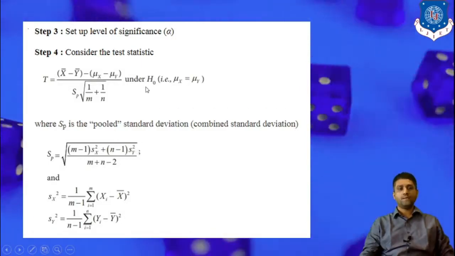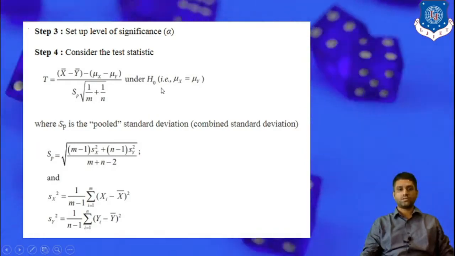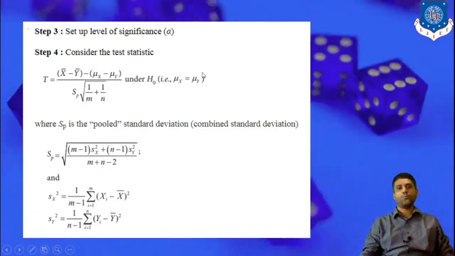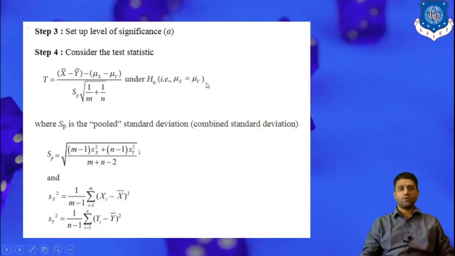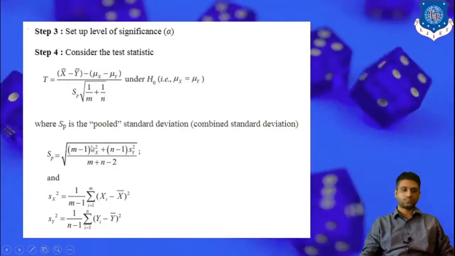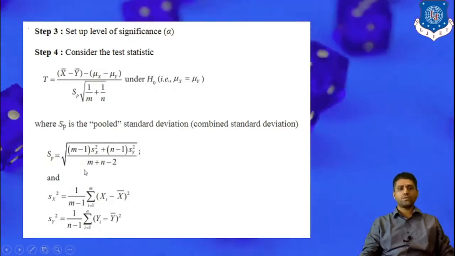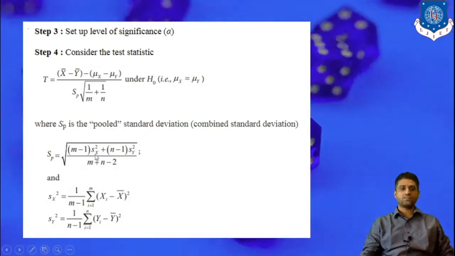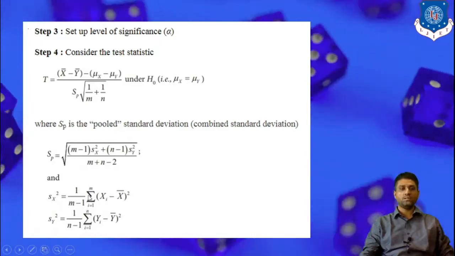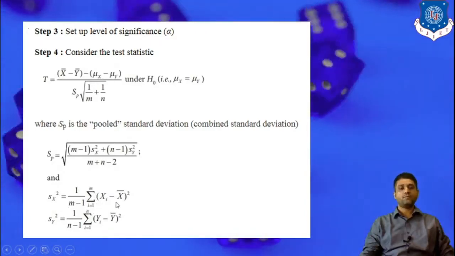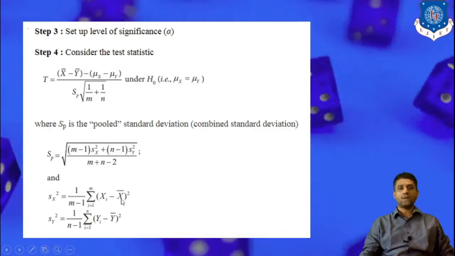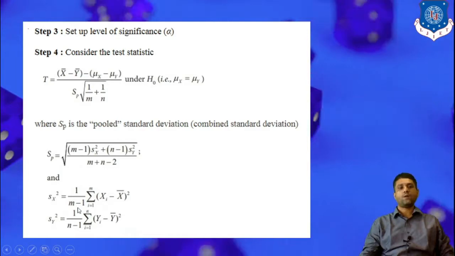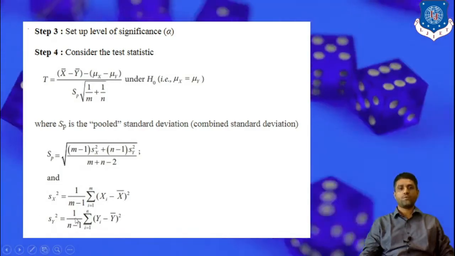In the context of the null hypothesis, we assume there is no significant difference between the two population means, so mu x equals mu y, and that term is zero. Now we discussed the standard deviation in our previous slide, where Sx square is equivalent to 1 upon m minus 1 times the sum over i from 1 to m of (xi minus x bar) whole square, where x bar is the sample mean of the first population and m is the size of the data of the first population. Similarly, we define Sy square.